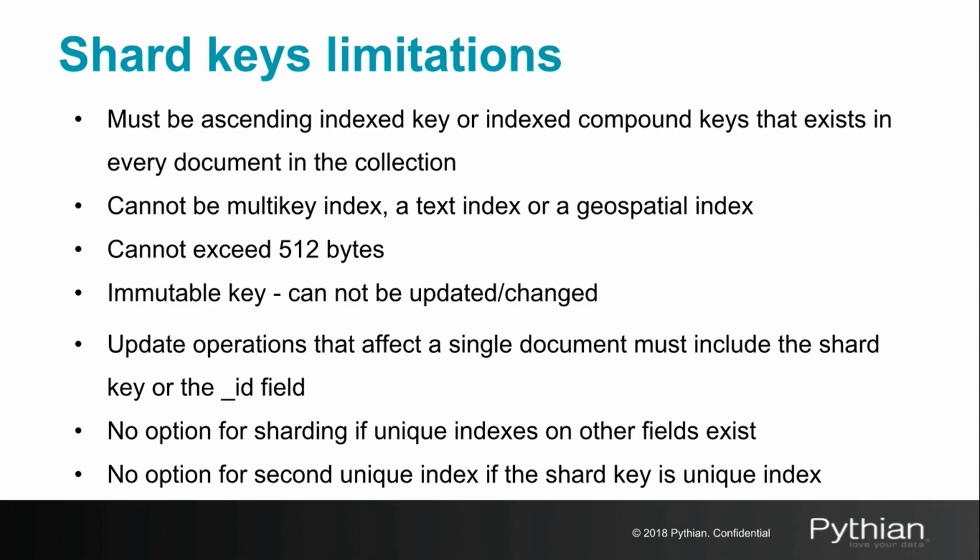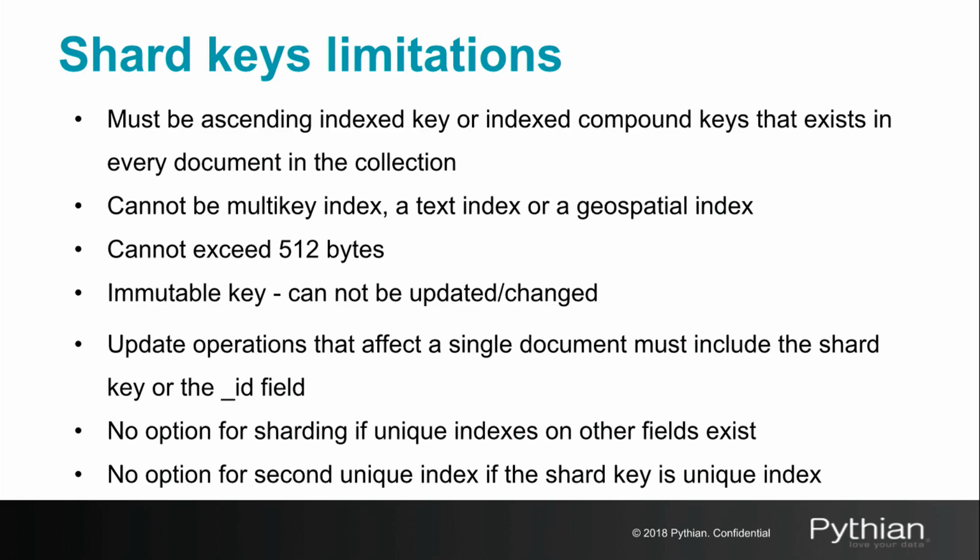If you are running update operations to a sharded cluster that affects a single document, you must include your shard key or you must include your underscore ID field to update that single document. If your collection already has a unique index and you want to shard that collection, the only possible shard key that you can have for that collection is your unique index.